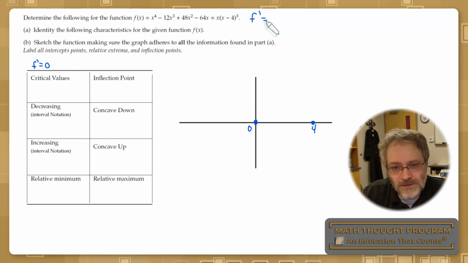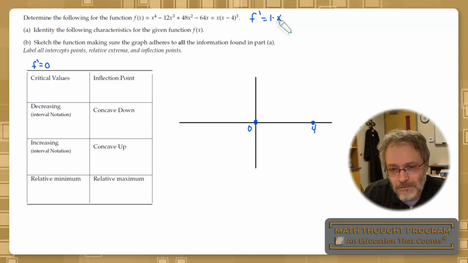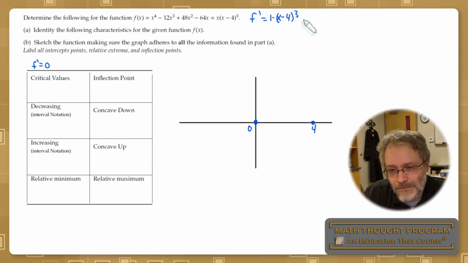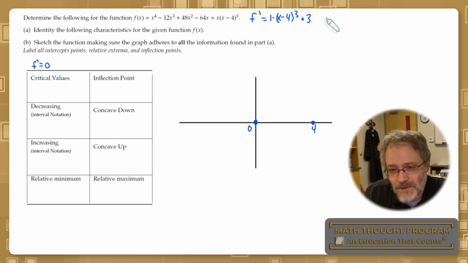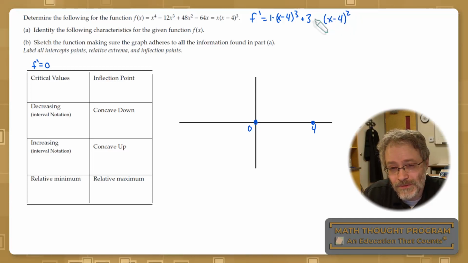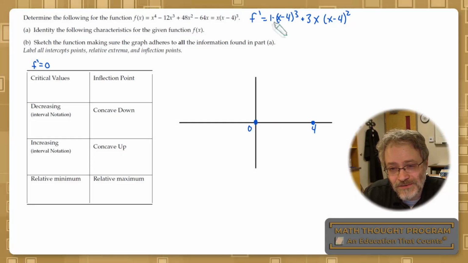Derivative for the first function is 1. I'll leave the second function alone. And the derivative for the second function is going to correspond to 3 times (x minus 4) to the second power, and I'll leave the first function alone. And guys, look at this. I got a common factor.